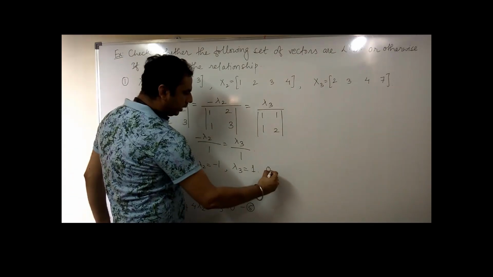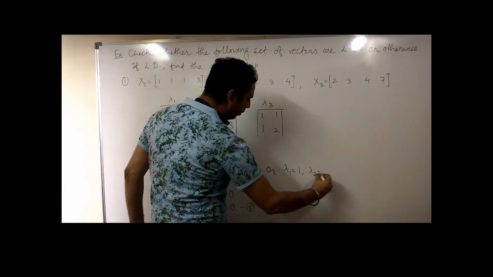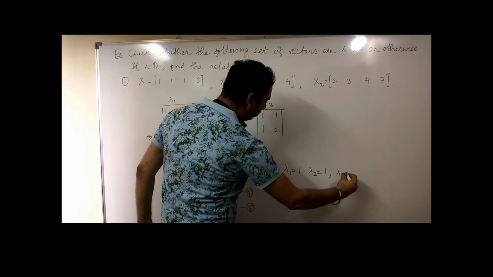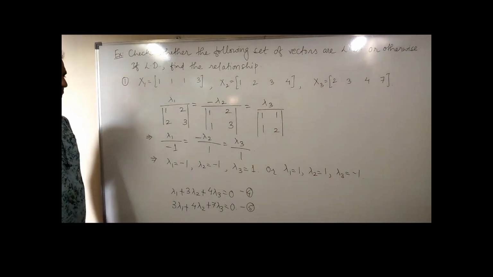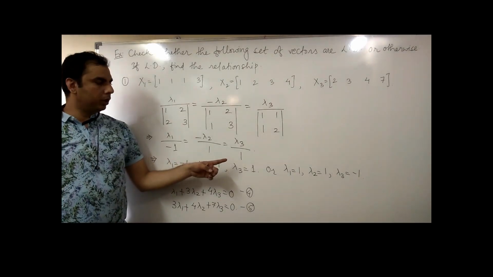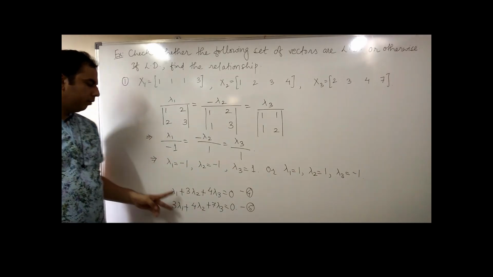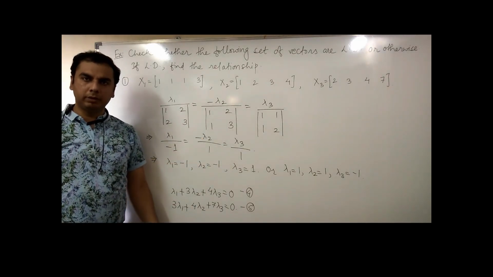Or this can also be written as lambda 1 is equal to 1, lambda 2 is equal to 1, and lambda 3 is equal to minus 1. So we have got the non-zero values of lambda 1, lambda 2, lambda 3, but these values are obtained using only equation number 2 and 3.